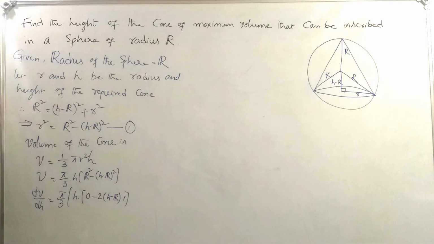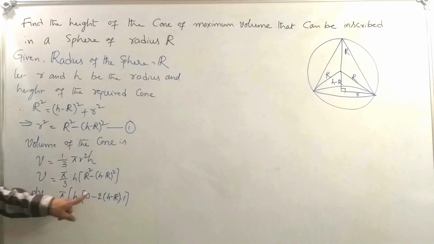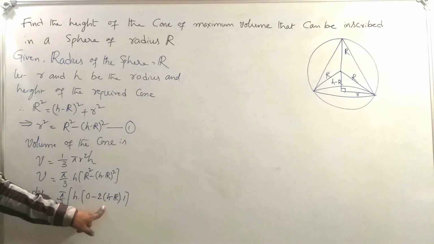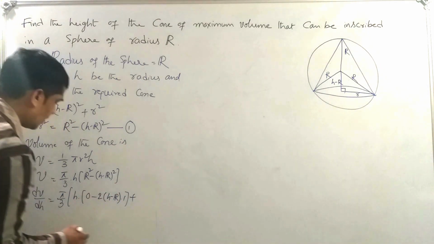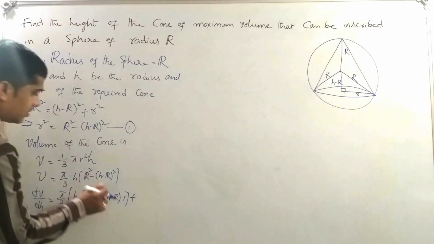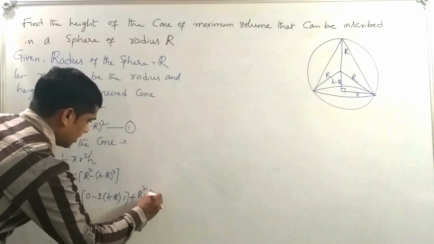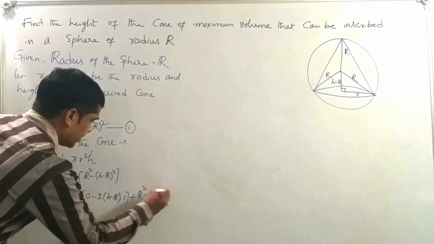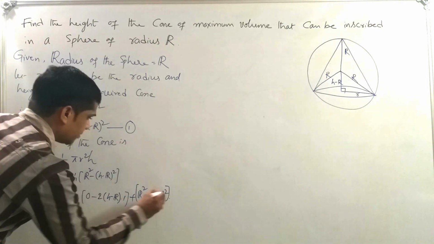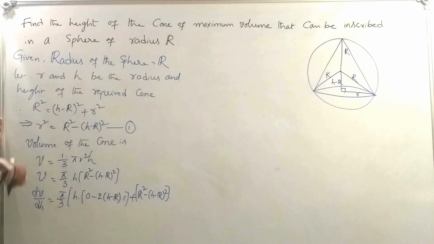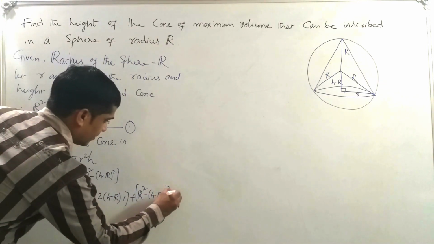So now it is first function into derivative of the second function, plus the second function, capital R square minus (h minus R) whole square, into the derivative of h with respect to h, that is 1. So that is the derivative.